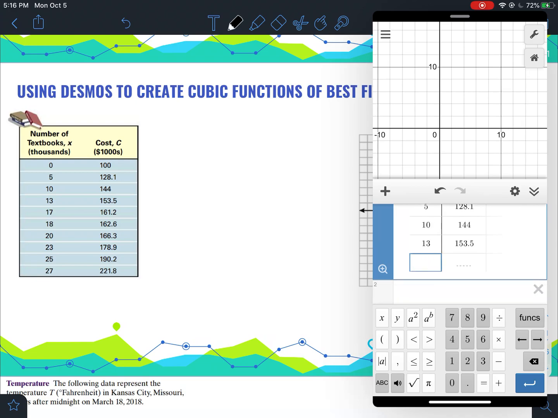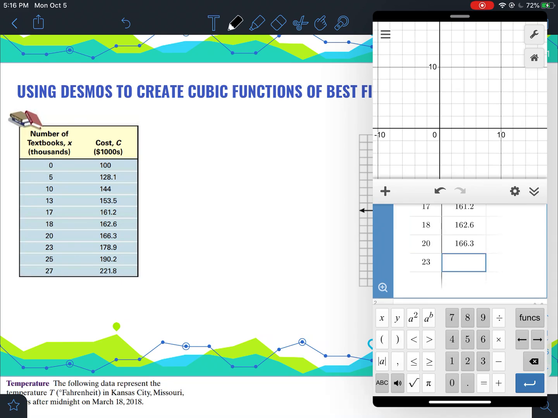We have the point 13 and 153.5. We have 17 and 161.2. We have 18 and we have 162.6. We have 20 and 166.3.